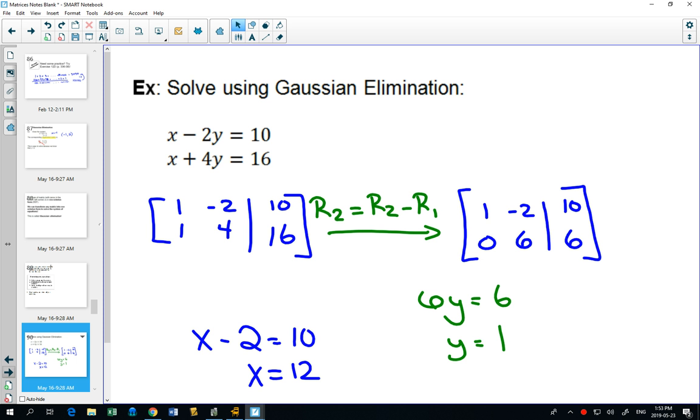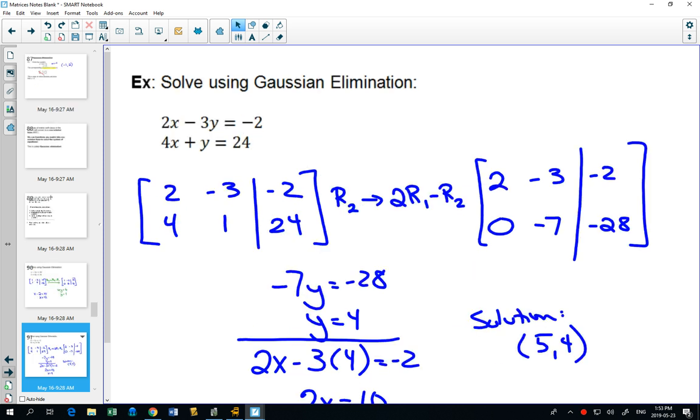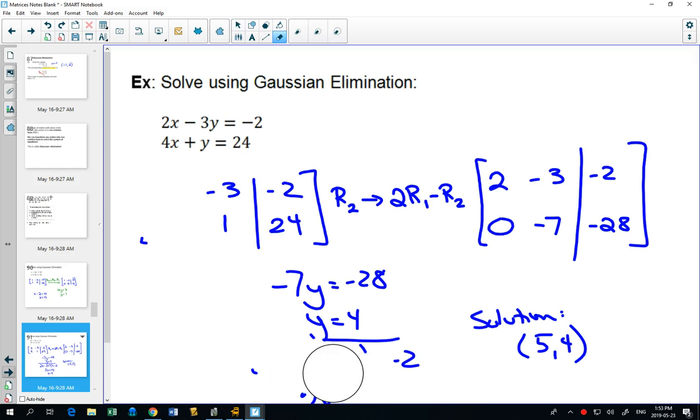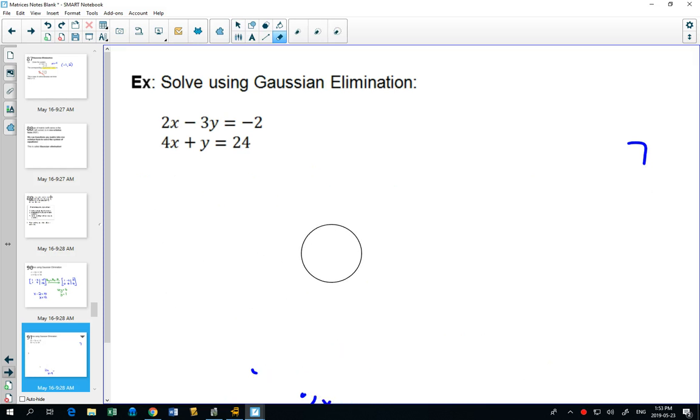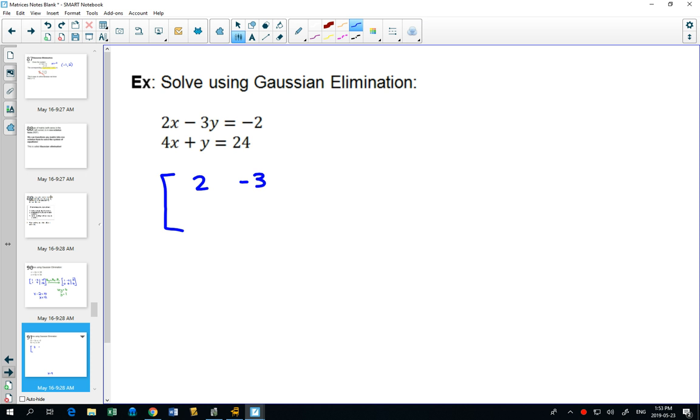Let's do another one together. Write our augmented matrix. 2, negative 3, negative 2, 4, 1, 24.